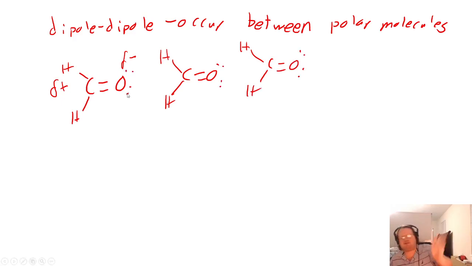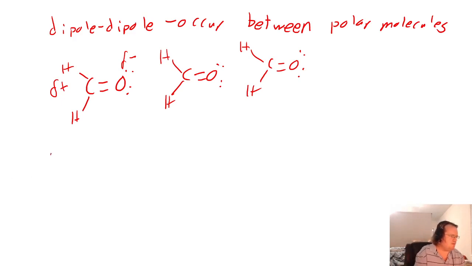So they're going to arrange themselves in this line, where the negatives are attracted to the positive ends and the positives to the negative ends. And these attractions don't have to worry about the electrons moving around and changing where the charges are and then suddenly needing to flip some of them, because the oxygen's always going to be negative and the carbon-hydrogen side's always going to be positive in this molecule. So this leads to an attraction.